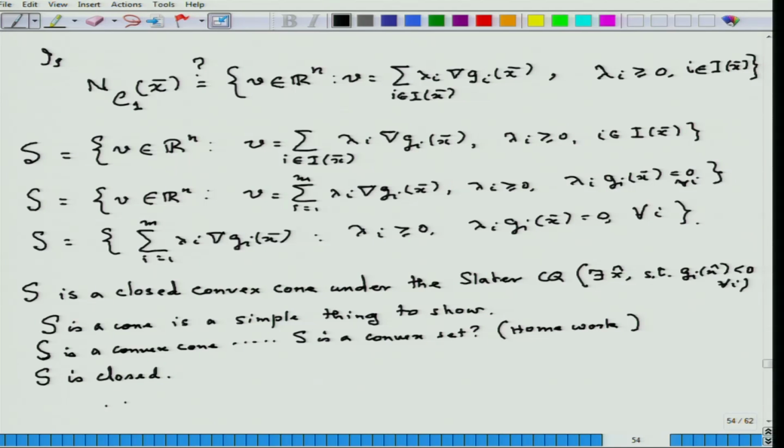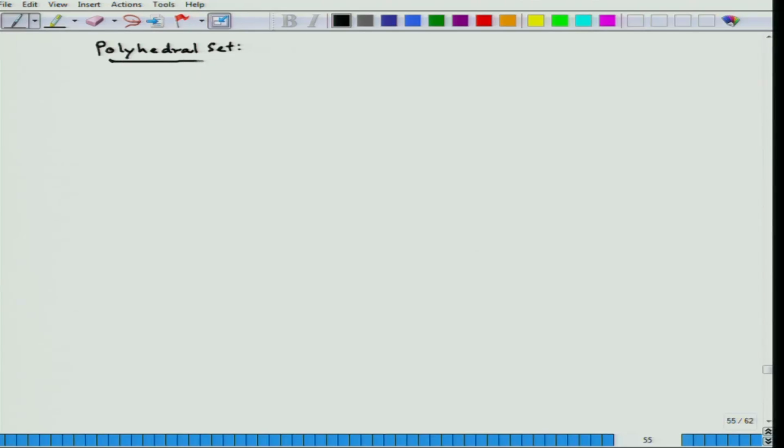This brings us to the question of polyhedral cones. So, let me remind you what a polyhedral set is. A polyhedral set is a convex set which can be represented as an intersection of a finite number of half spaces.